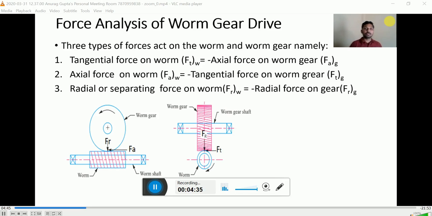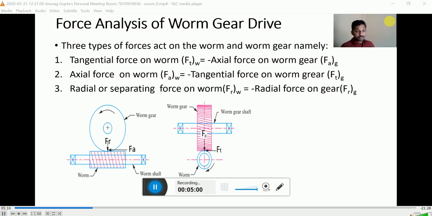Now we have to establish the relationship between the tangential force, axial force, and the radial force. If we are able to establish the relationship between the tangential force of the worm, axial force of the worm, and the radial force of the worm, then we can definitely establish a relationship between the axial force of the gear, tangential force of the gear, and the radial force of the gear.